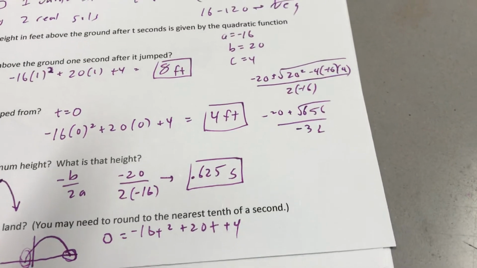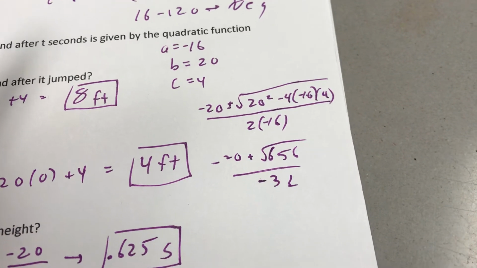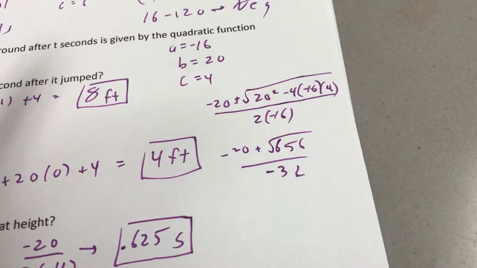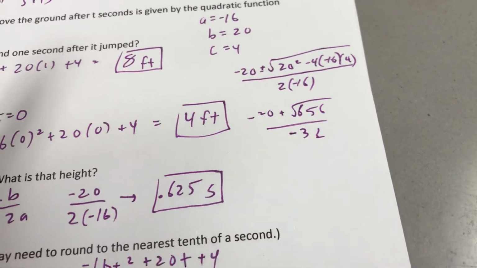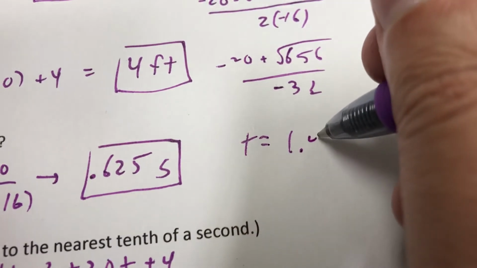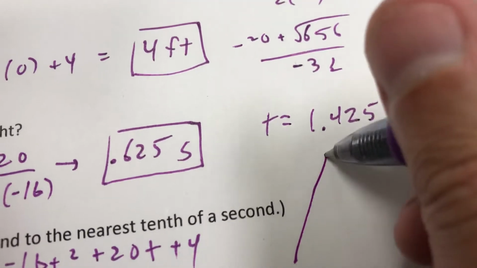It's not part of the domain. Let's try the second one, negative 20 minus the square root of 656. That should give us a negative on top, and when we divide by a negative on the bottom, we're going to get approximately t is 1.425 seconds. That's our final answer there.